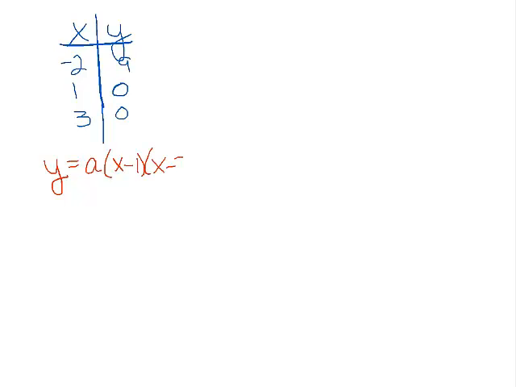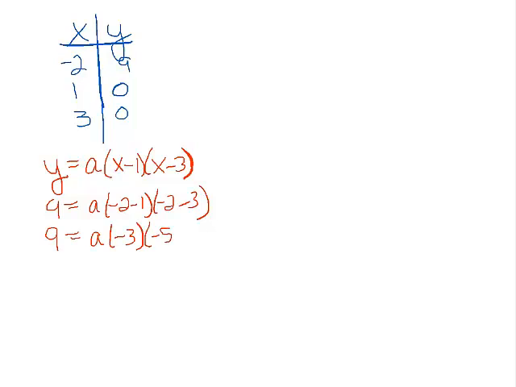And then the 3 would give us the factor x minus 3. And now I'm going to substitute 9 in for y and -2 in for x. Notice that a is my only variable now, so I can solve for that. So I'm just going to keep simplifying here, and I find that a is 9/15, which actually simplifies to 3/5.